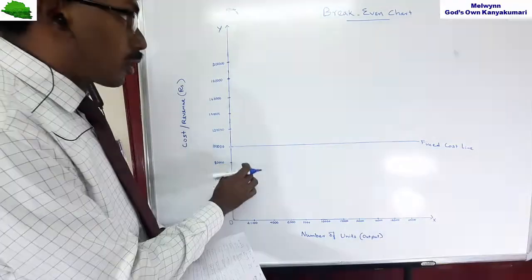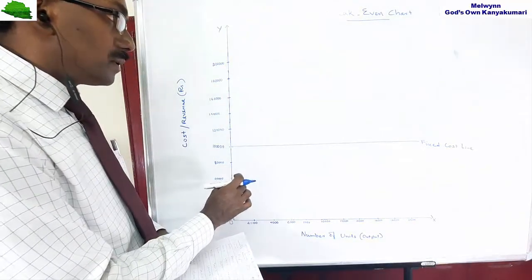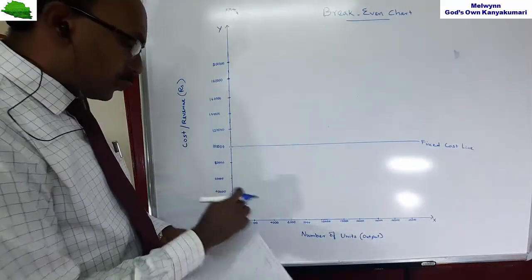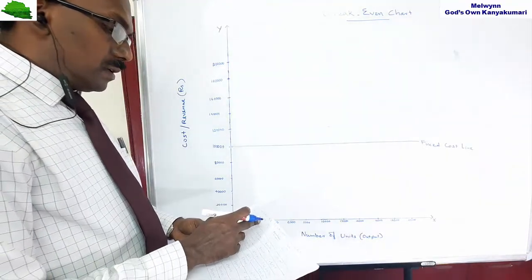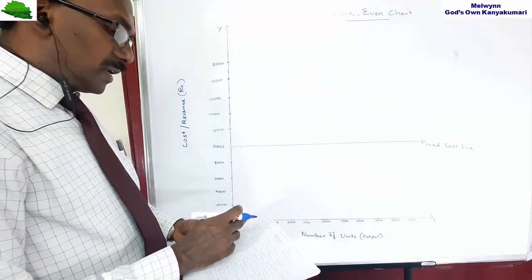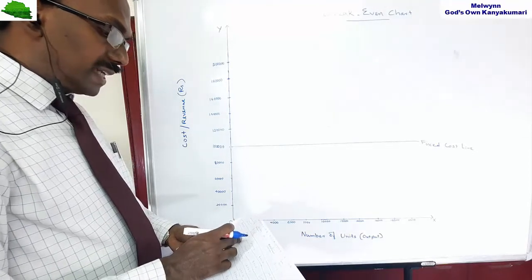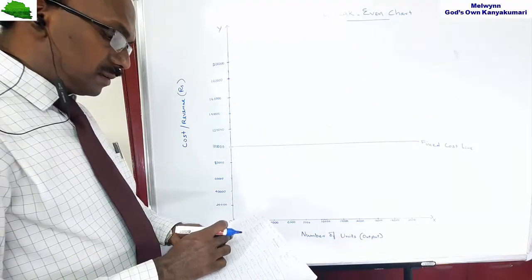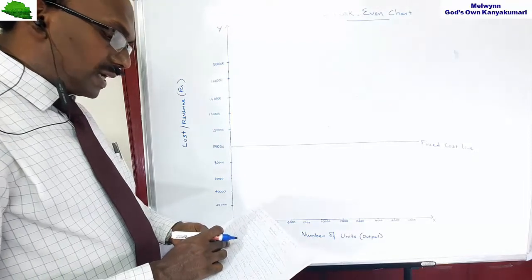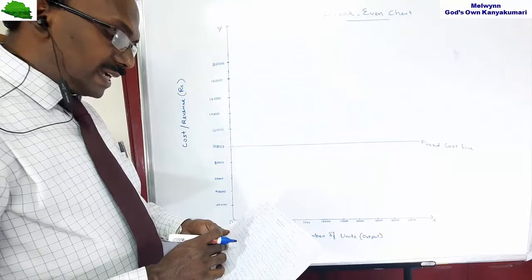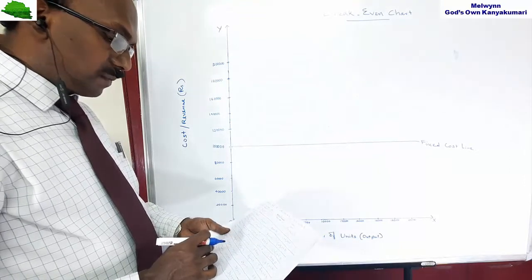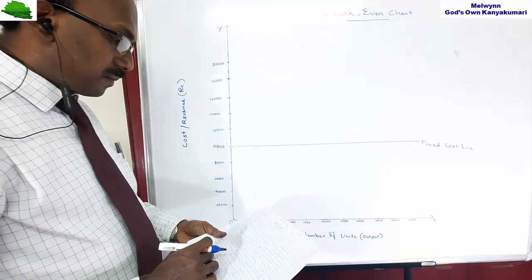Now we have to draw the sales line, that is revenue line. You see the table, second column, total sales, that is revenue, 24,000, 48,000, 72,000, 96,000, 1,20,000, 1,44,000, 1,68,000, 1,92,000, 2,16,000.